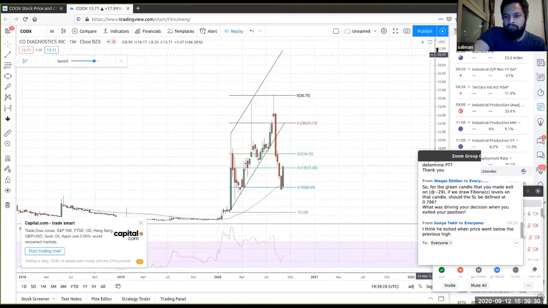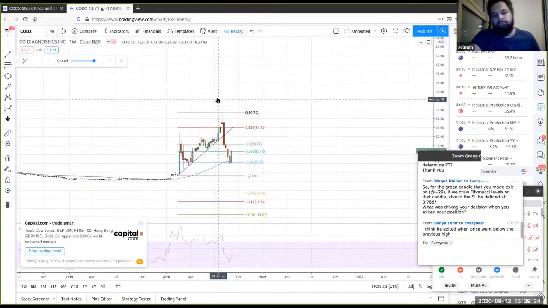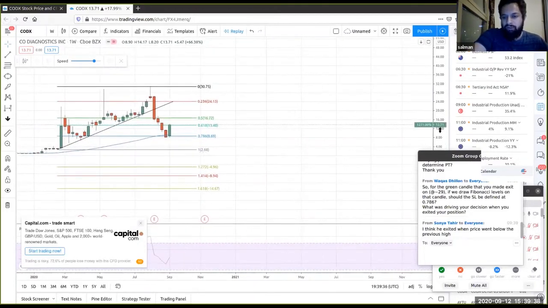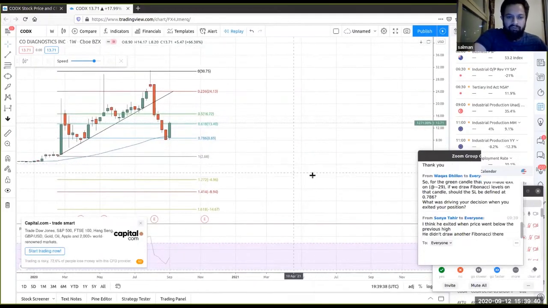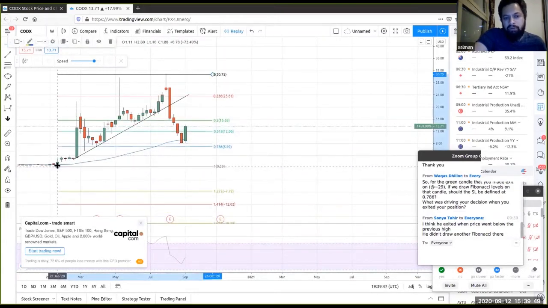if we go on the weekly chart and see it on a much bigger scale, what we see is we are at 786, I think, no, that's not correct, it should be here.